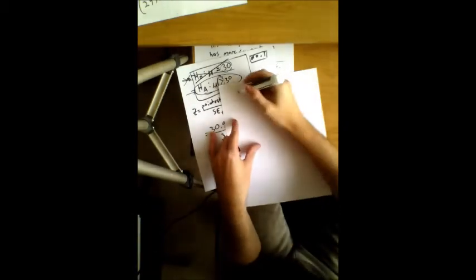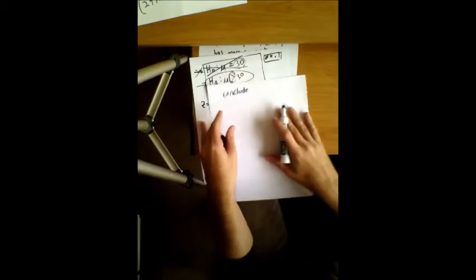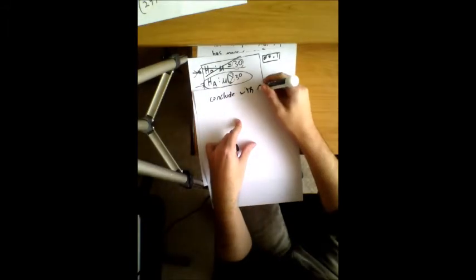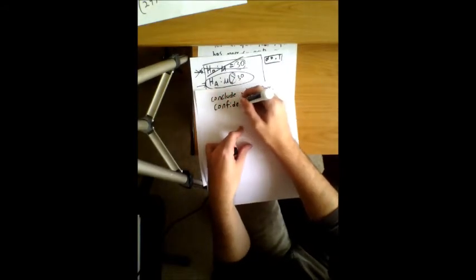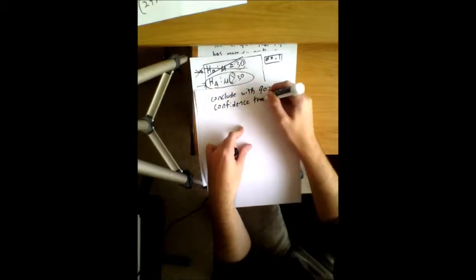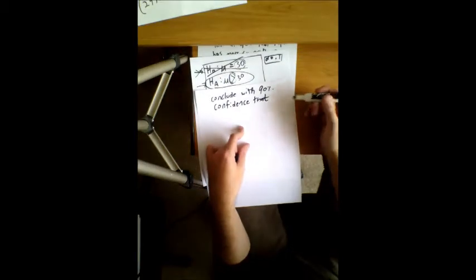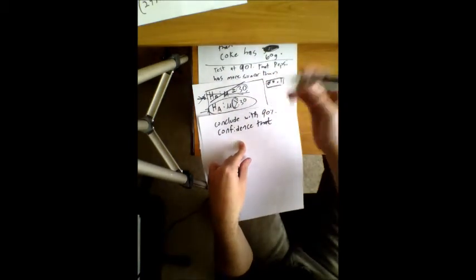We can conclude with 90% confidence that the mean here is bigger than 30, which we're just talking about the average sugar that's in Coke.